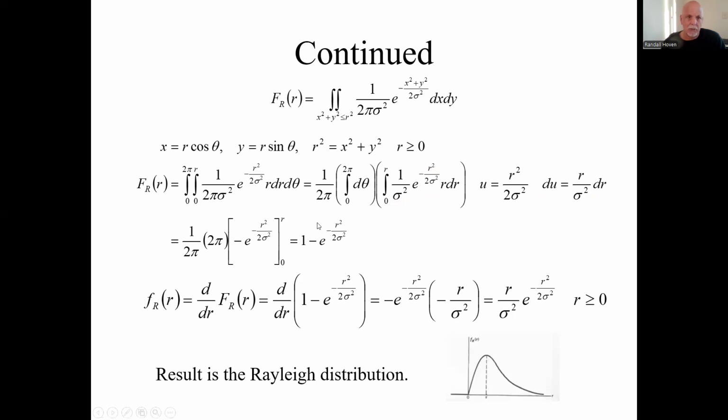I'm not going to go through all this, but this is the cumulative distribution function as a result of taking that, and then take its derivative to get the PDF we want. Take this derivative, and you get this function, and that is a Rayleigh distribution, which looks like this.